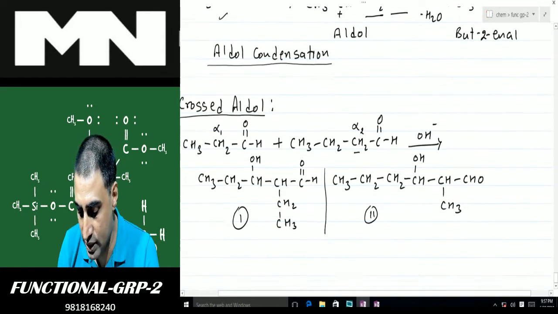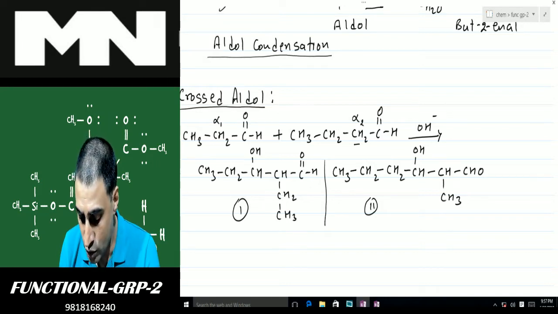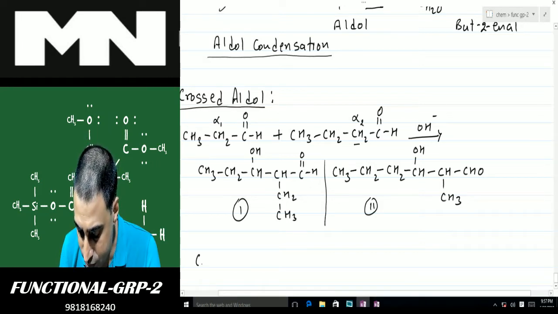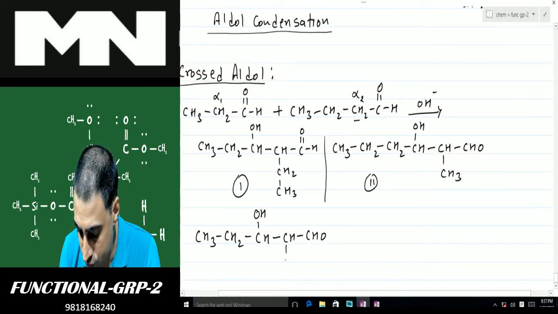They can also undergo self-aldol. That is the alpha carbon from the first compound will donate H positive ion, and it will be accepted by the carbonyl group of the first compound with some other molecule of the first compound. So in that case, I will get a compound like CH3, CH2, CH, OH, and number 1 alpha carbon atom of the second molecule. So this is the third compound I will get.